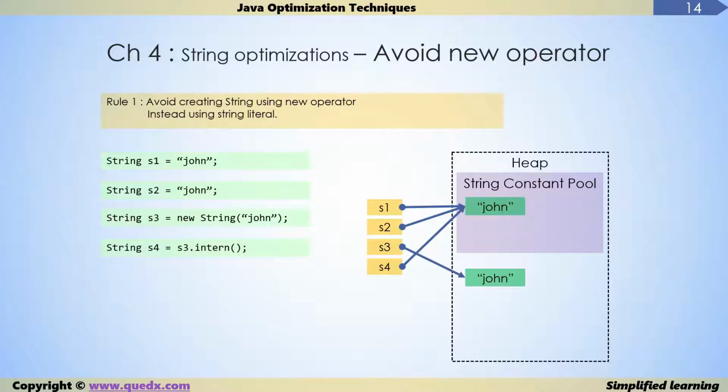The rule says that instead of using the new operator, we can rely on either using literals or we can rely on the intern method of string class to refer to the string in the SCP area, so that pool of strings in the SCP area can be reused. So when dealing with application that has low memory and or involve frequent creation of strings, this rule can be adopted to boost the performance.